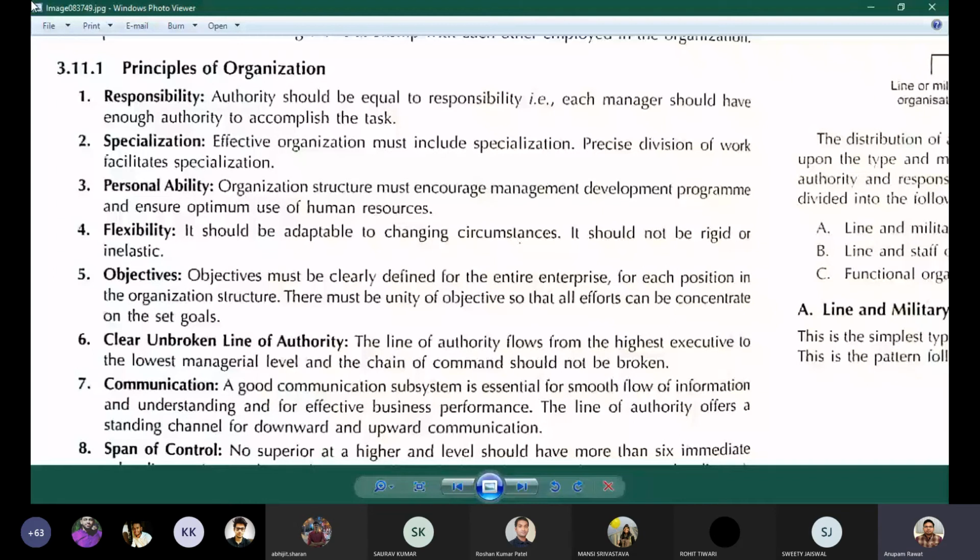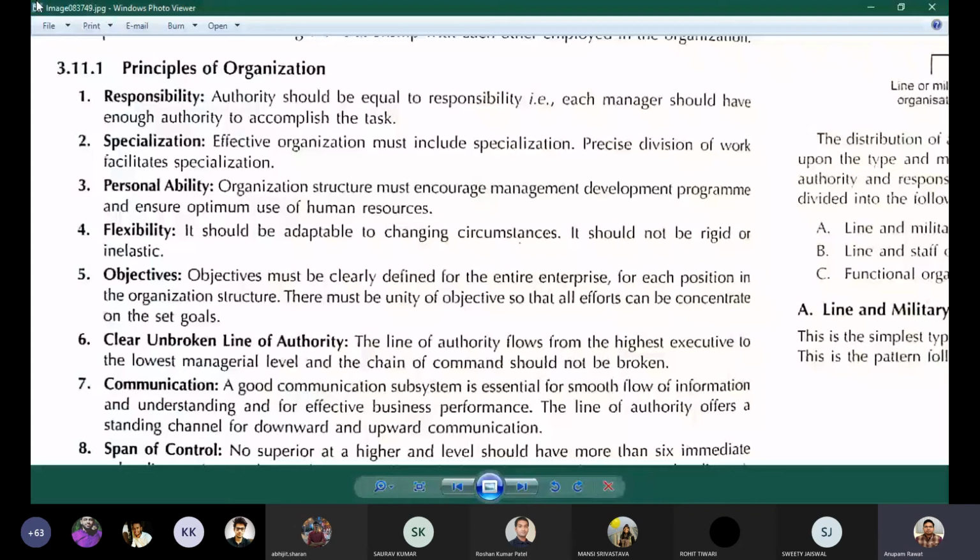There is also personal ability. The organization structure may encourage management development programs to ensure the optimum use of human resources. There must be flexibility in the organization. It should be adaptable to changing circumstances. It should not be rigid or inelastic.